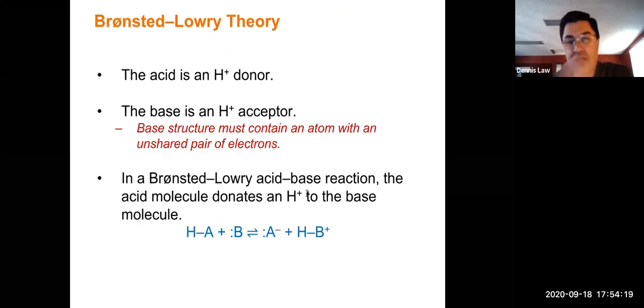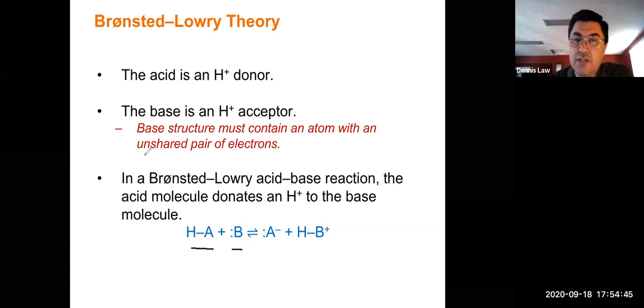So let's look at an example here. Here we have an acid, HA. A could be anything, but the H is the acidic hydrogen, and it's going to donate that acidic hydrogen to B here. So the acid is the proton donor, and the base is the proton acceptor.